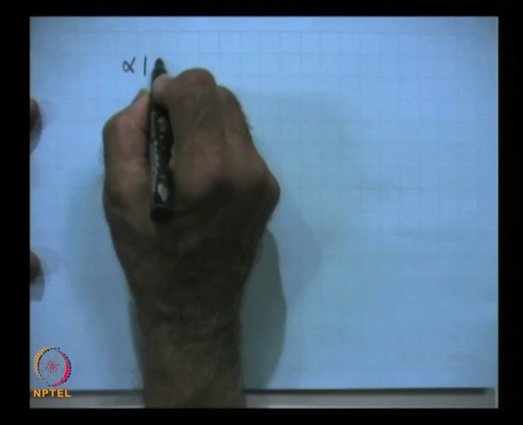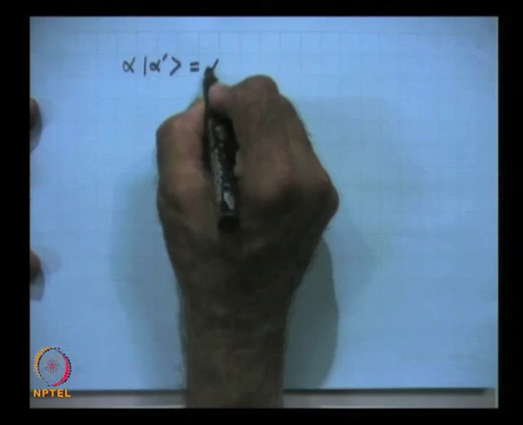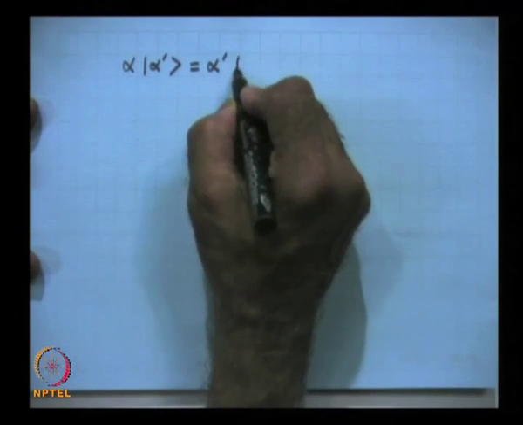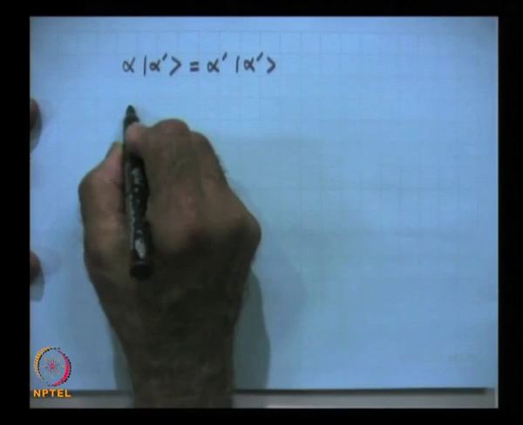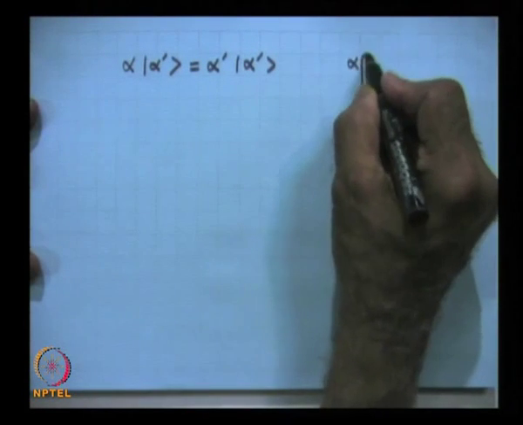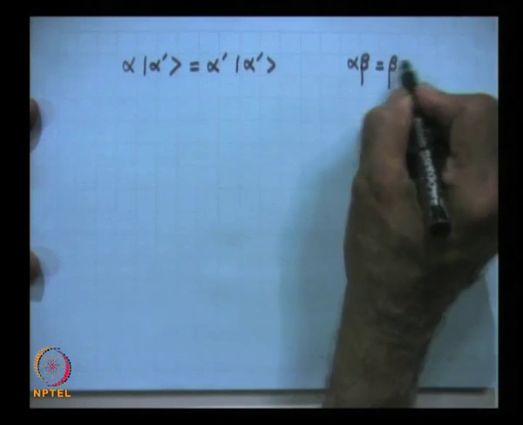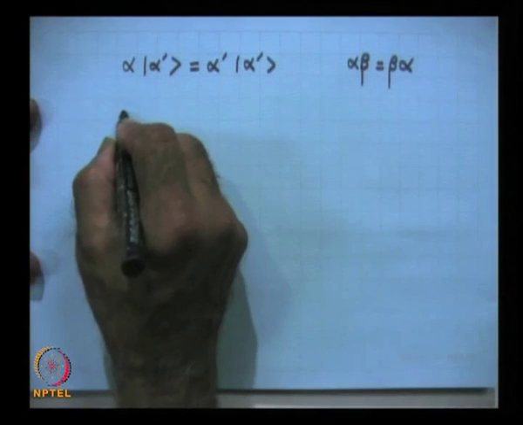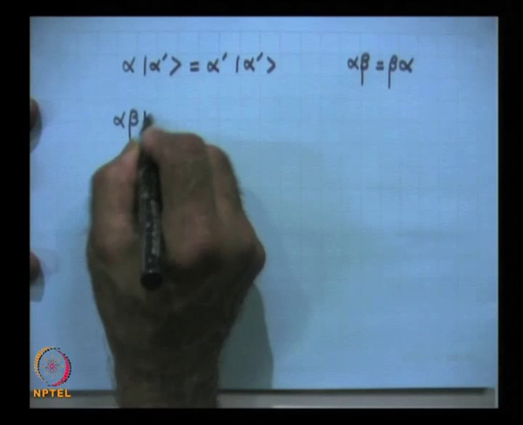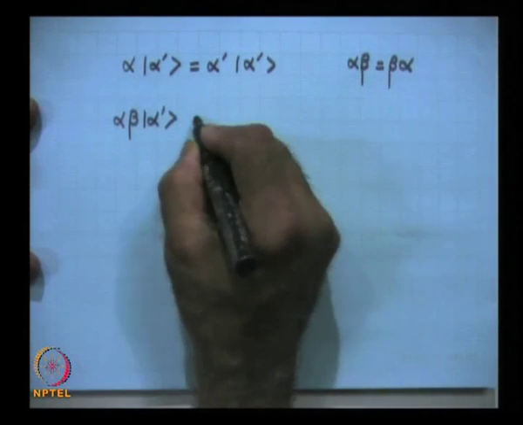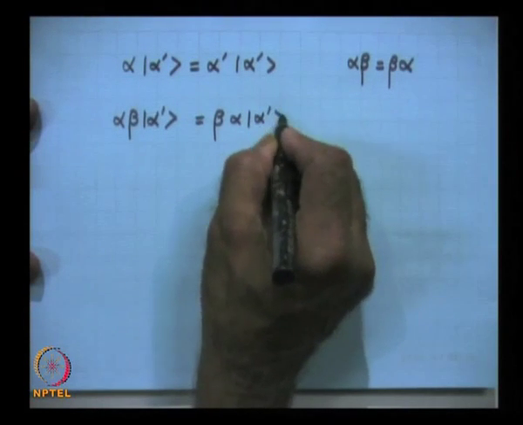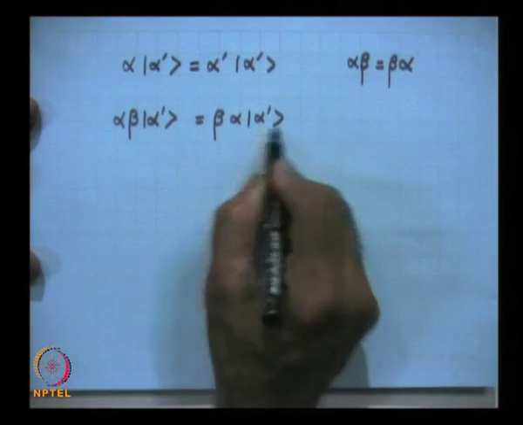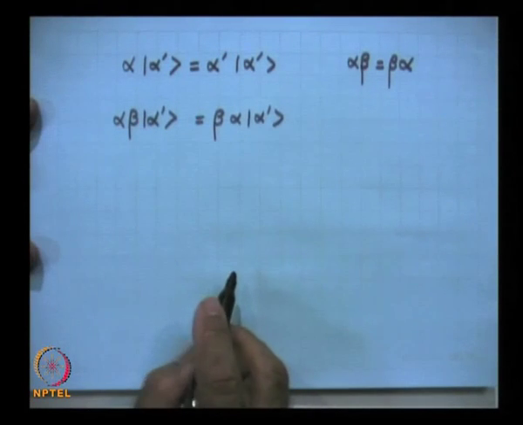In fact, we considered first that the operator alpha has a non-degenerate eigenvalue, and let that eigenvalue be denoted by alpha prime. Then if the two operators alpha and beta commute with each other, we wrote down that alpha beta ket alpha prime is equal to beta alpha ket alpha prime, but ket alpha prime is an eigenket of the operator alpha.